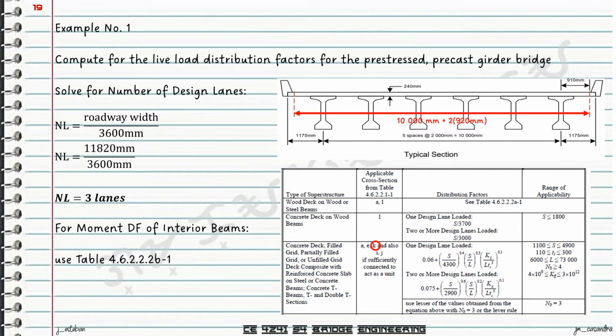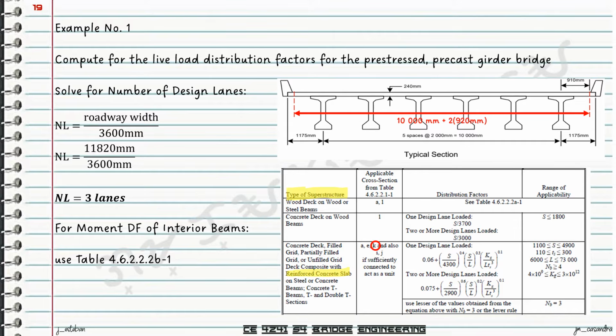We could also use, from the type of structure here without looking at the cross section, table 4.6.2.1-1. We are given a pre-stress concrete slab. So that's an example of reinforced concrete, and it is resting on a precast girder.